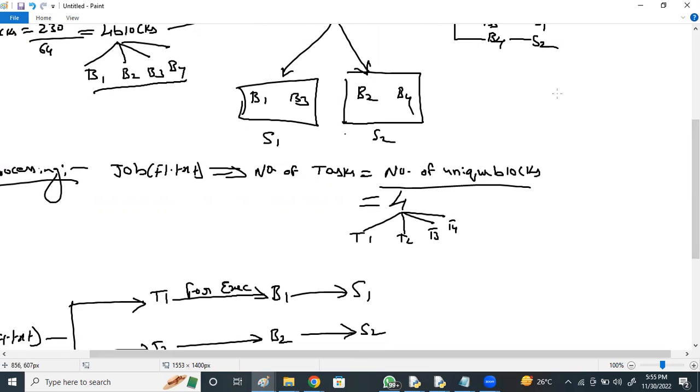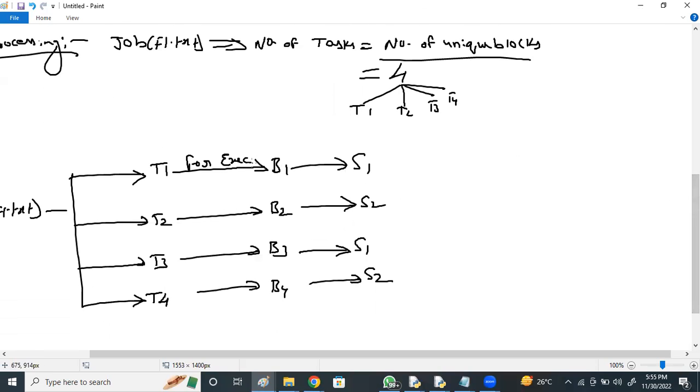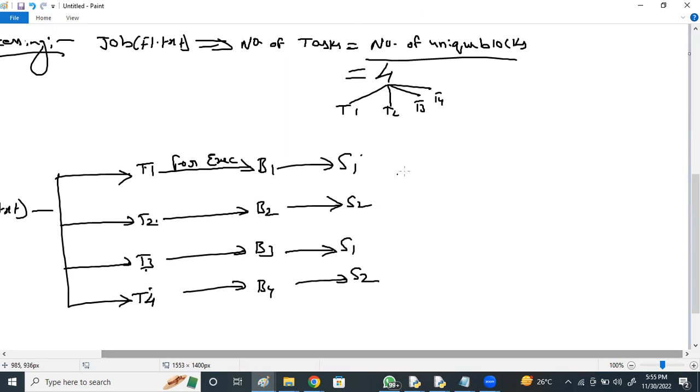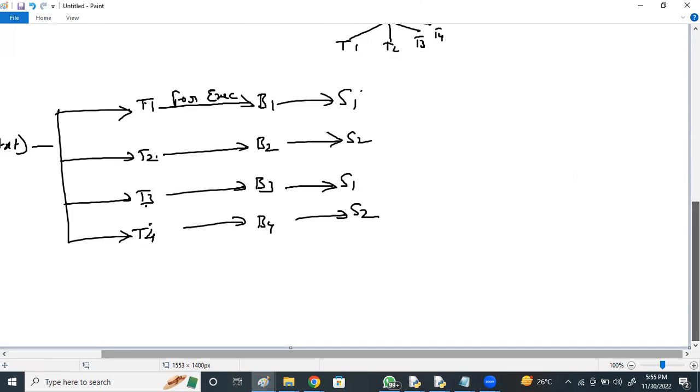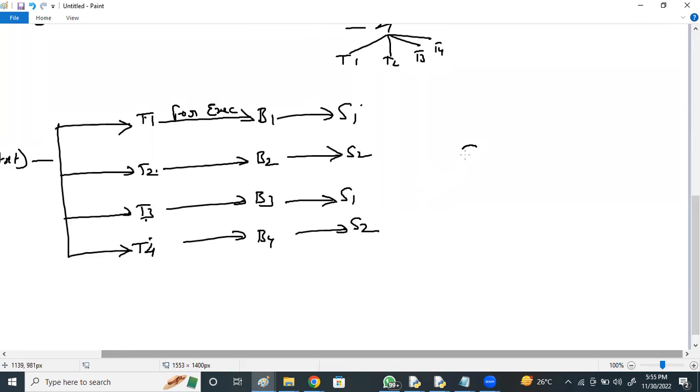So here I'm going to say the same thing, right? T1 and T3 by slave 1, T2 and T4 by slave 2. Observe carefully: slave 1 is executing T1 and T3, S2 is executing T2 and T4.